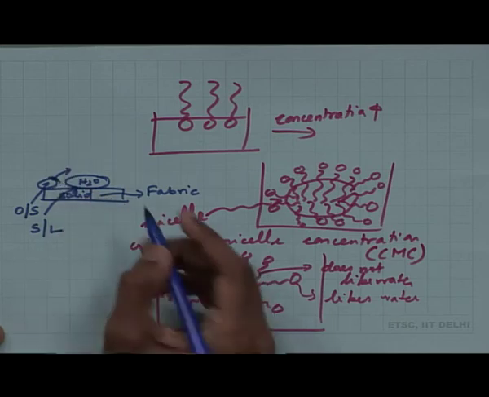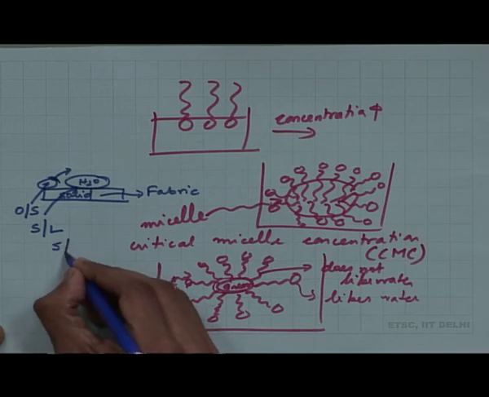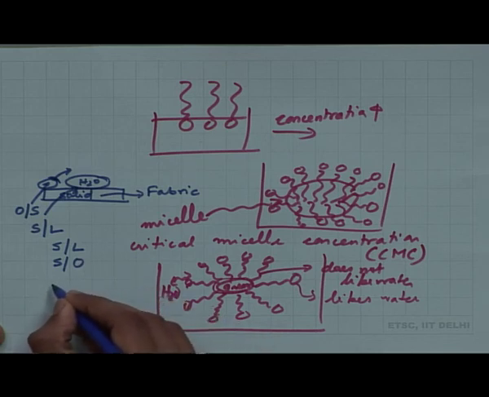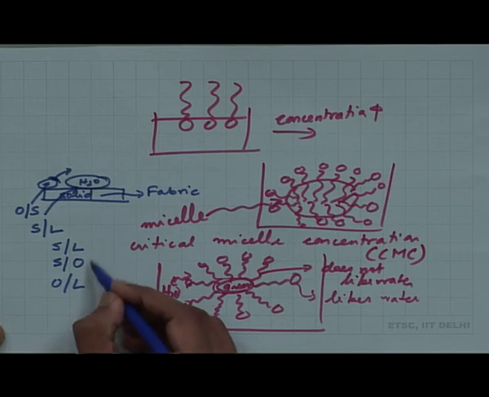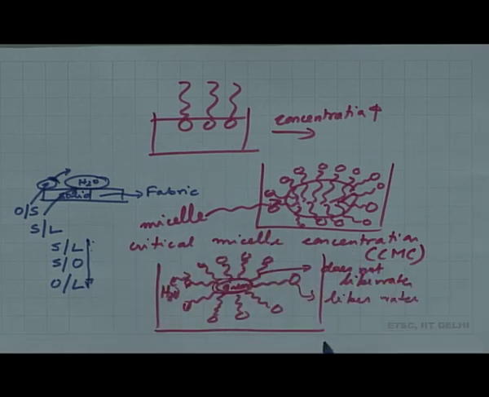So, there are three kinds of interface: solid-liquid, solid-grease, and oil-liquid. It is an interplay of the surface tensions of these three interfaces which leads to the surfactant acting as a detergent.